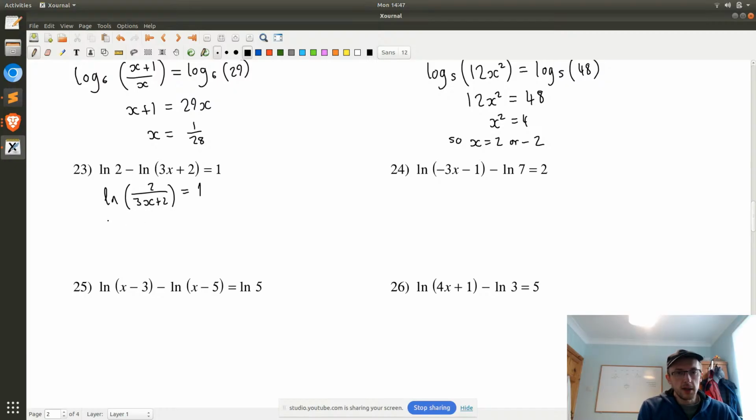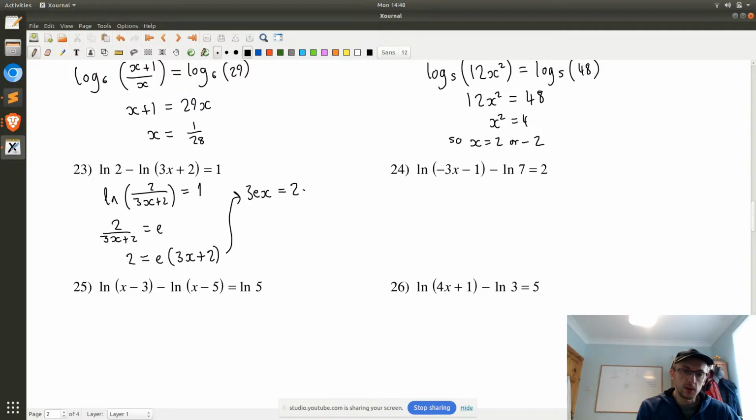E to the both sides, please. So 2 over (3x add 2) is e. So that means 2 is e times (3x add 2) like that. But we have to get x by itself. So 3ex plus 2e, take 2e.